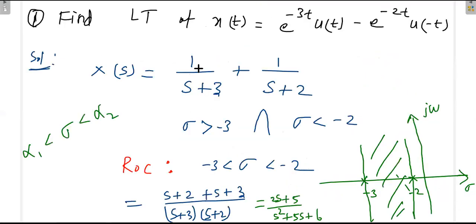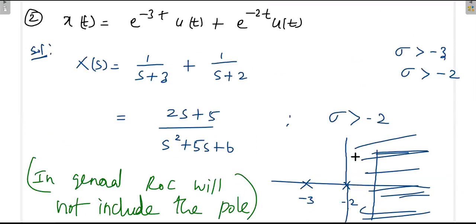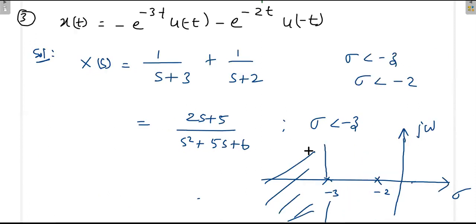In this first set, we have chosen both as negative poles, and this also remains the same. First in between the poles, then second outside the maximum pole, and then third left side of the minimum pole.